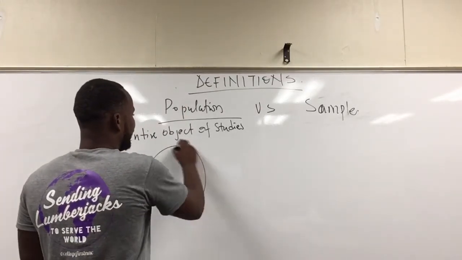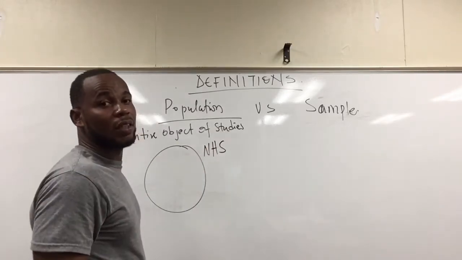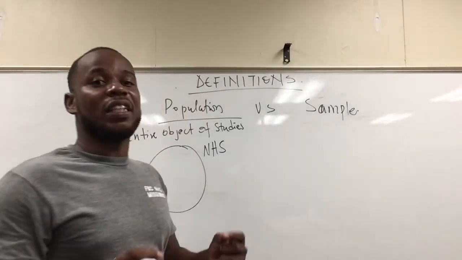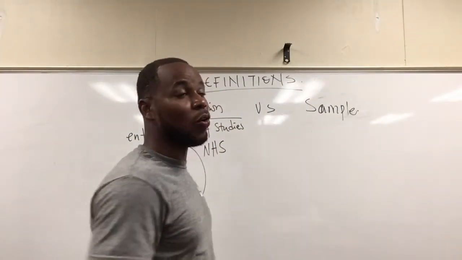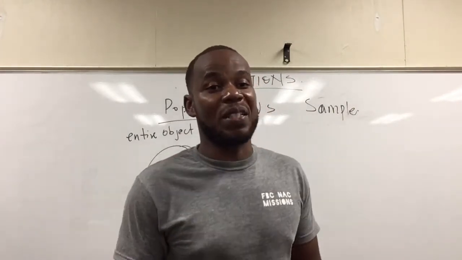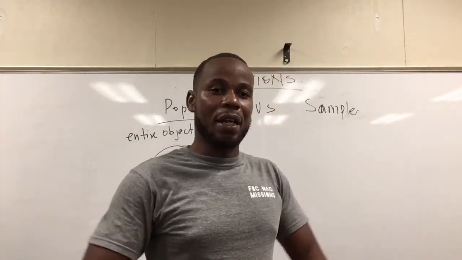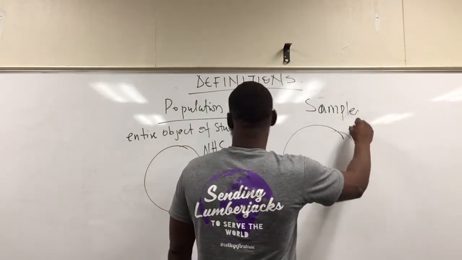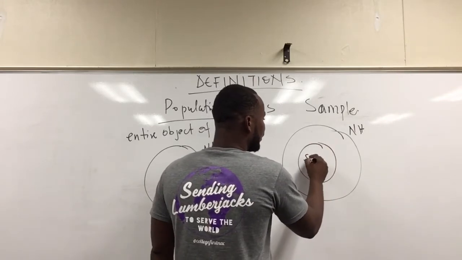So let's say this is Nacogdoches High School, NHS. Now look at the sample. The sample is just a subset of the population. It's just part of it. So for example, those of you who are taking AP statistics are part of Nacogdoches High School students. If I have Nacogdoches High School as the bigger set over here, this is the sample.